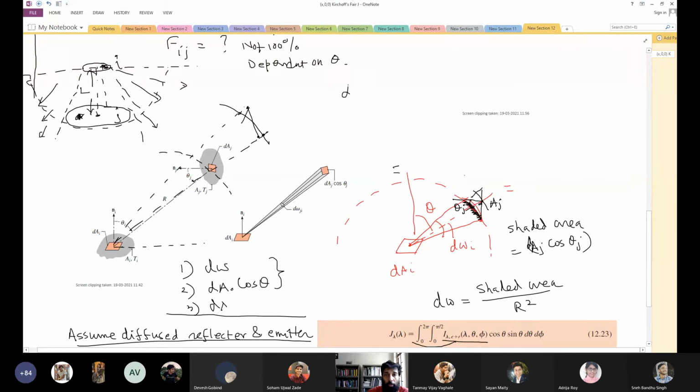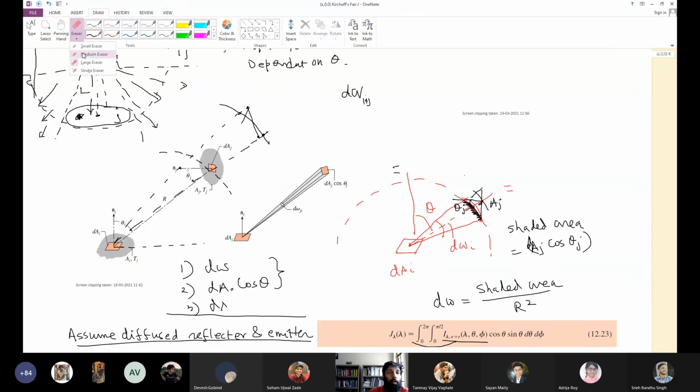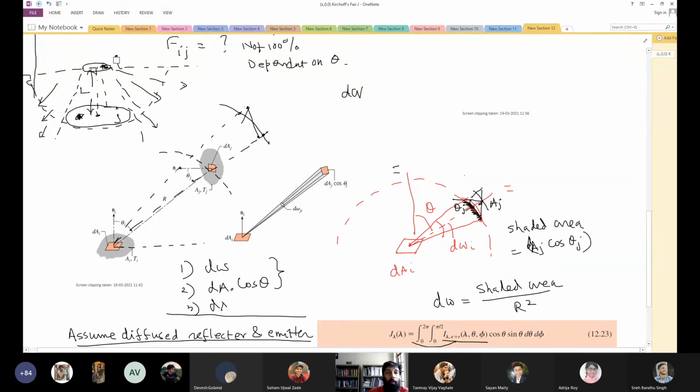First we wrote dQij. Projected area, d omega, solid angle.